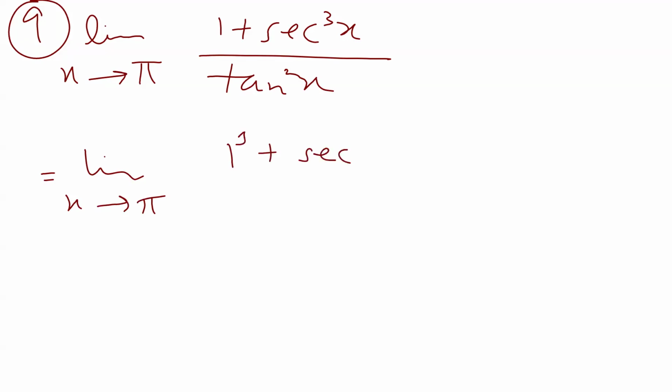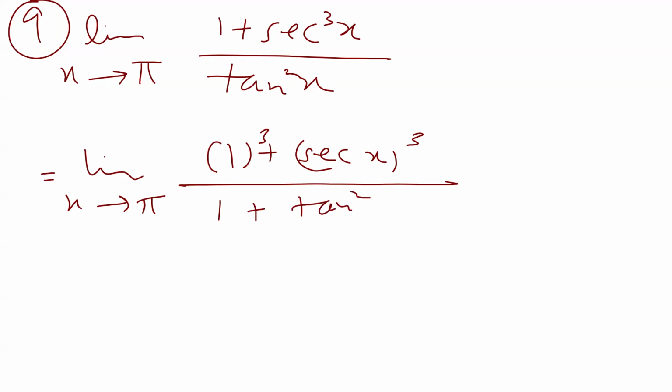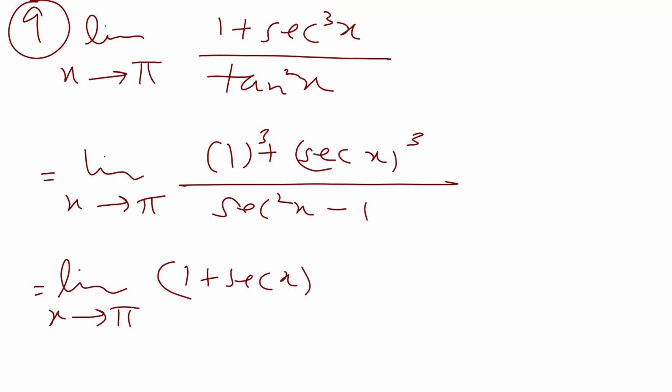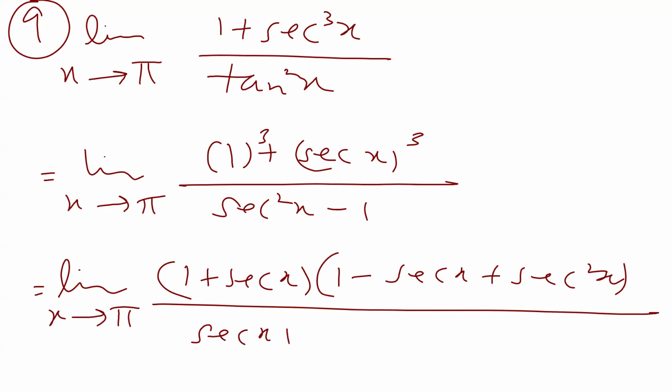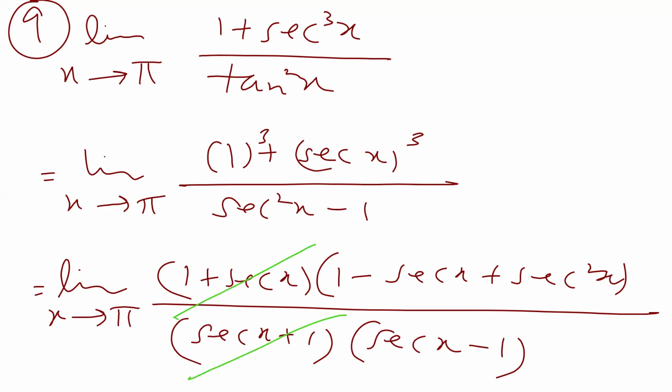So 1 cube plus sec x the whole cube, over... sorry, tan square x is sec square x minus 1. So limit x approaching pi, a cube plus b cube, a plus b times a square minus ab plus b square, and down this will be sec x plus 1 times sec x minus 1. So this and this is gone.